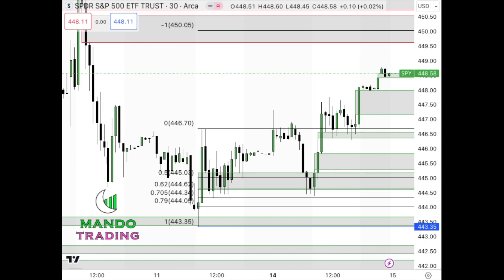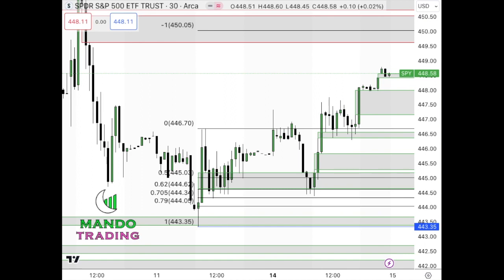So for this model, it's important to have a basic understanding of three concepts. These three concepts are all derived from Smart Money Concepts, or ICT. I can link the videos in which those are taught down below in the description. So the three being: one, liquidity.